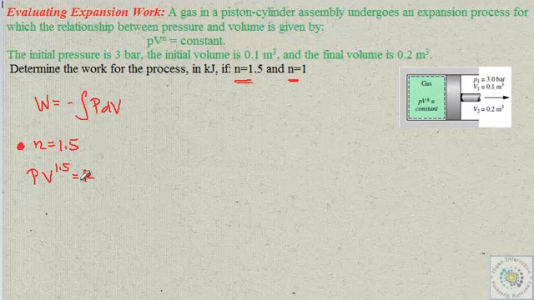From here, one could solve for P in terms of V. Since k is a constant, P is simply equal to k over V^1.5.